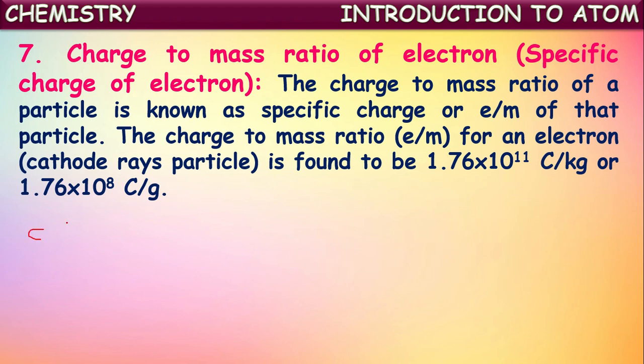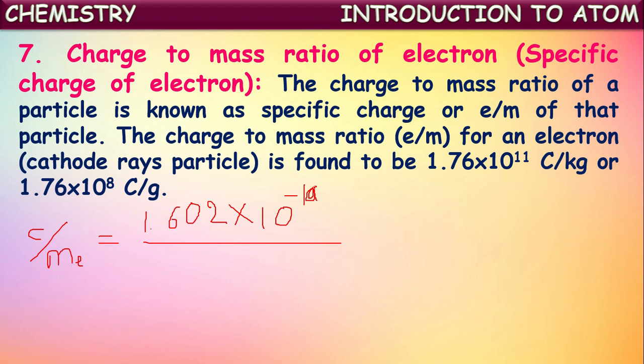Charge to mass ratio for electron. We know the charge of electron as 1.602 into 10 to the power of minus 19 coulombs, isn't it? This is the charge of electron. If you take the mass of electron, what is the mass of electron as we know? 9.11 into 10 to the power of minus 31 kgs.